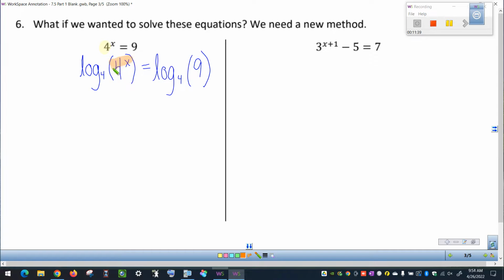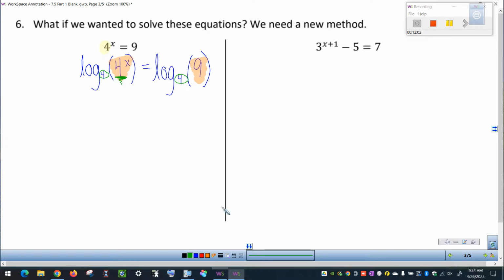All right, I'm going to highlight here in orange, that was our original problem, 4 to the x equals 9. Because it's an equation, whatever we do to one side, we want to do the same thing to the other side. The way that we choose the base of the log is based on the number that is holding up our x.